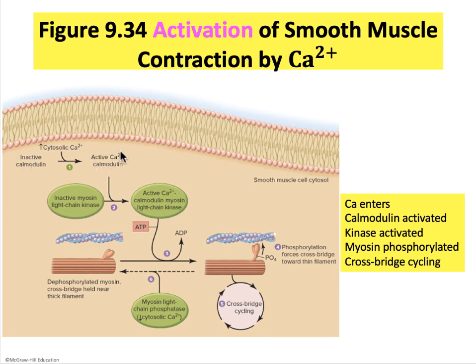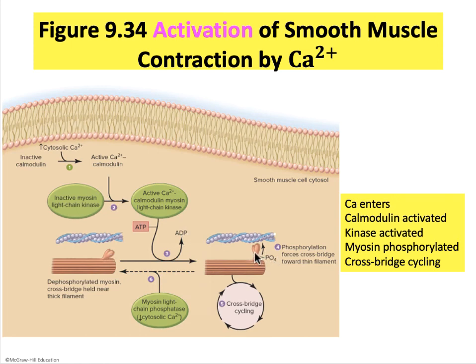The calcium-calmodulin complex is then able to activate a second protein called myosin light chain kinase, and the combined action of these two entities results in an active form of this protein, and that can then pick up ATP from the cytosol and add that to the light chains of the myosin. And by adding the phosphate from ATP to the light chains of the myosin, that phosphorylates those light chains and releases ADP.